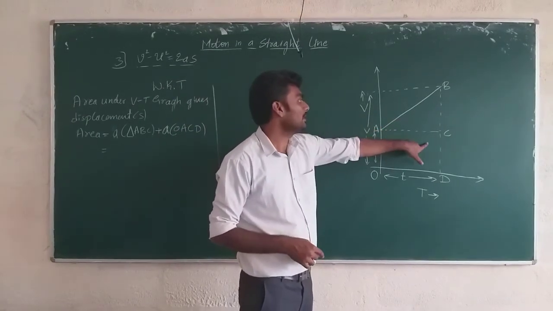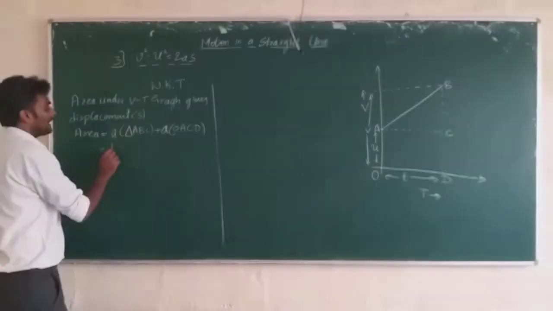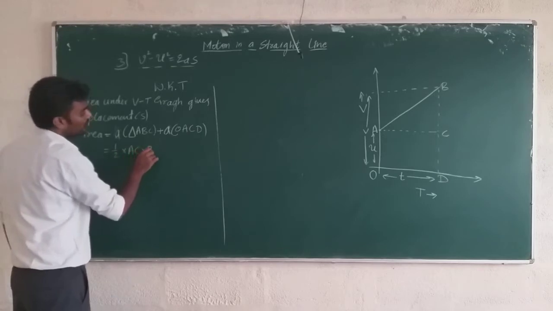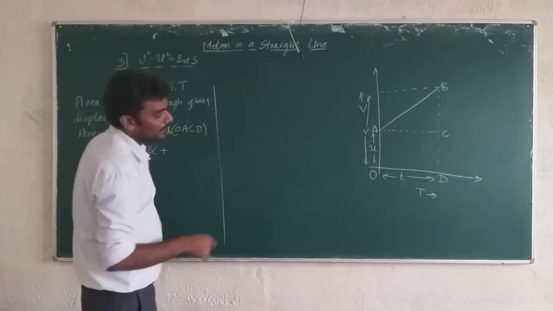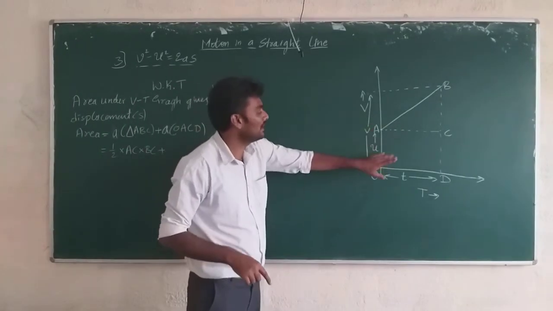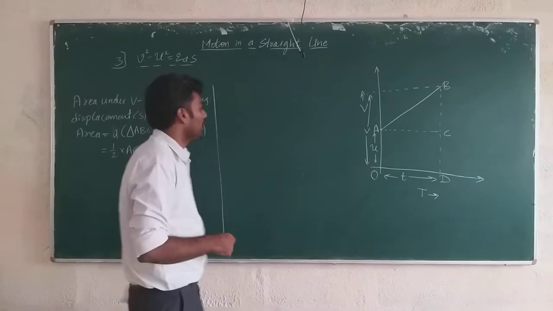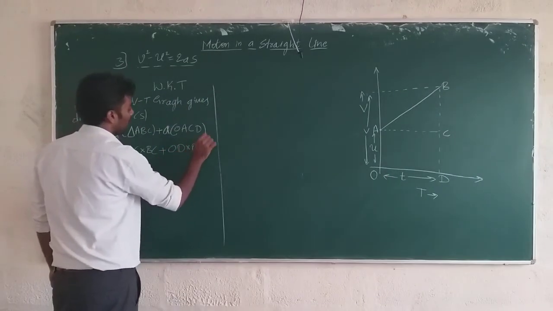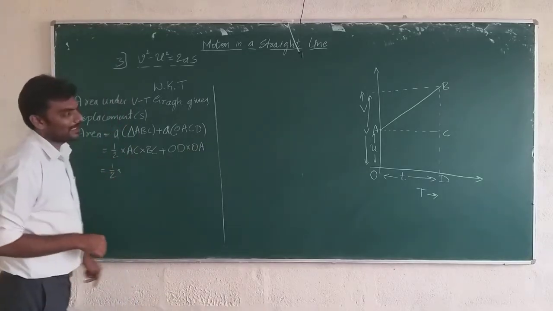Base is AC, height is BC. So for the triangle, it is half into AC into BC, plus the area of the rectangle OACD. This will be length into breadth, which is OD into OA, right? OD into OA.